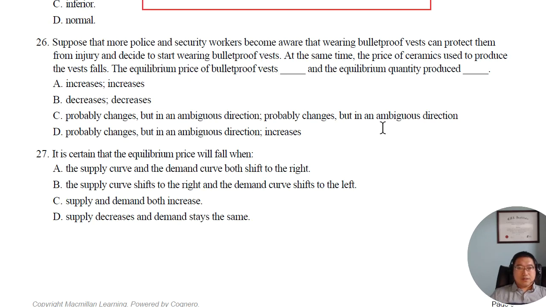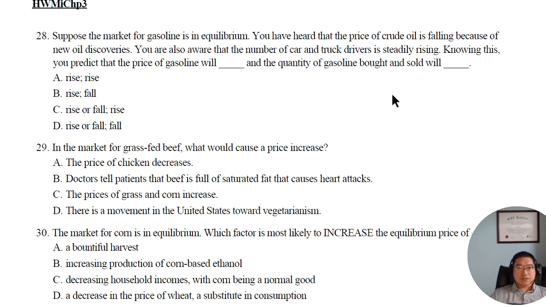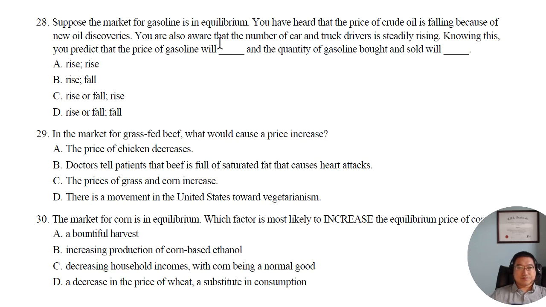Okay, now let's look at question 28. Suppose the market for gasoline is in equilibrium. You have heard that the price of crude oil is falling. Crude oil is the input used to produce gasoline. Because of new oil discoveries, of course.